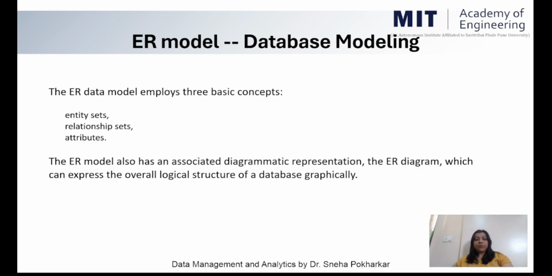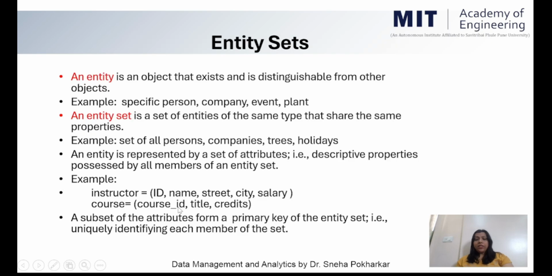Entity set. An entity is an object that exists and is distinguished from other objects. So if we go into detail, an entity is a thing or object in the real world that is distinguishable from all other objects. For example, each person in a university is an entity.